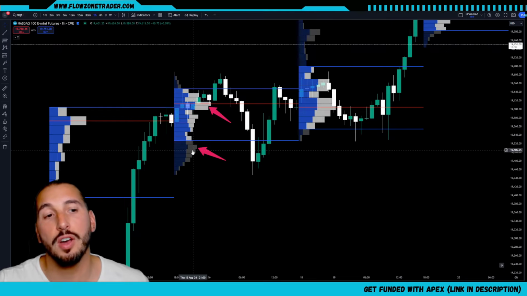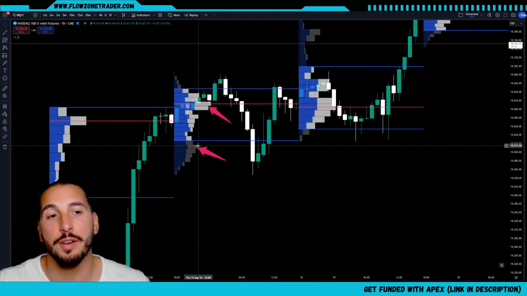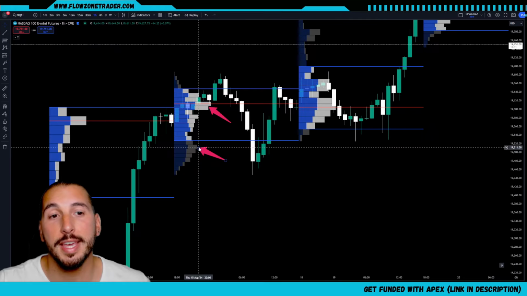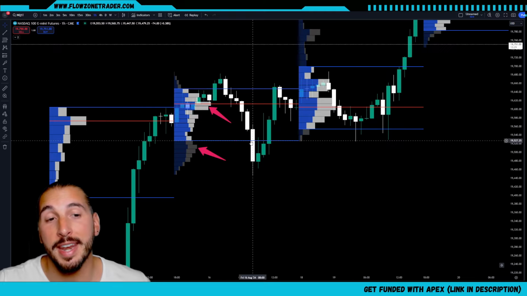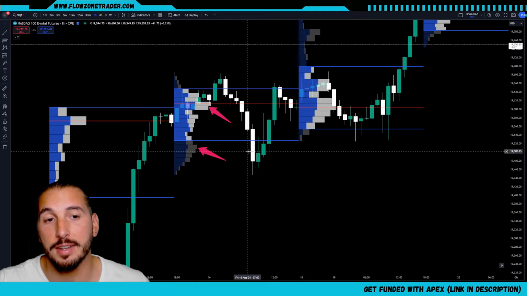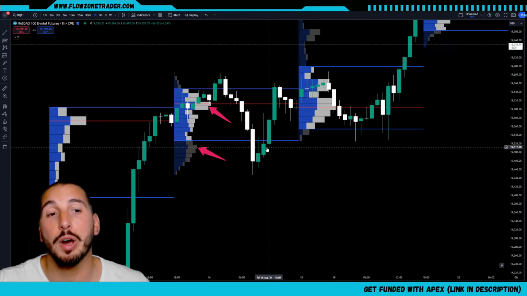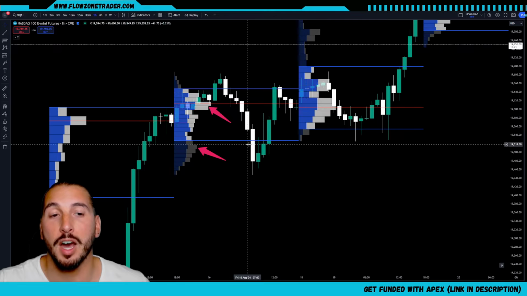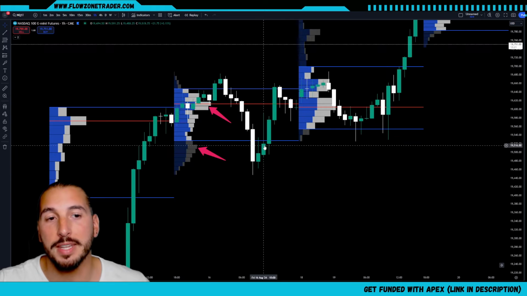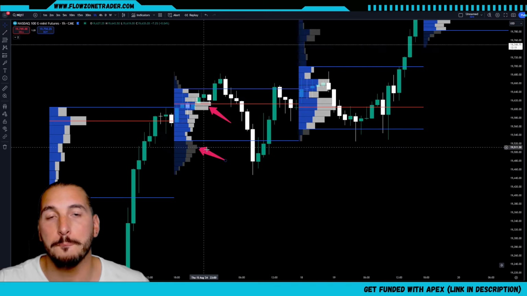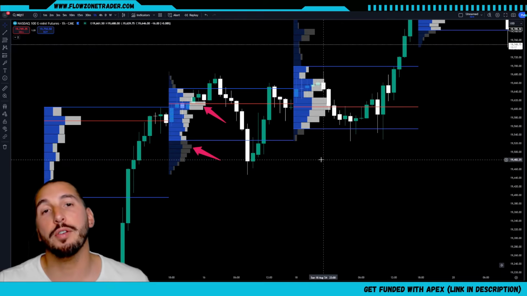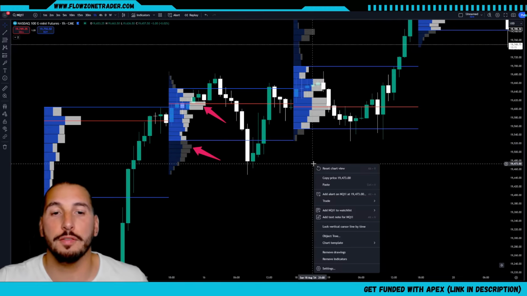Yes, it's outside, in this case, of the value area low, but there was definitely a lot of volume traded here. Now, my guess would be that it was traded negatively through here. Lots of sellers came in, and then lots of buyers came back in the other side and bid it up. So right now, above this area, buyers are in control. And that's how I like to use session volume profile.